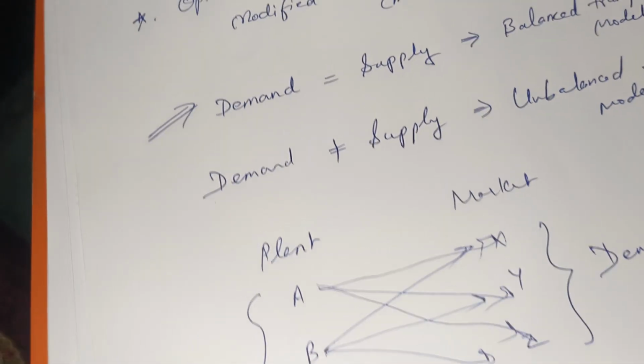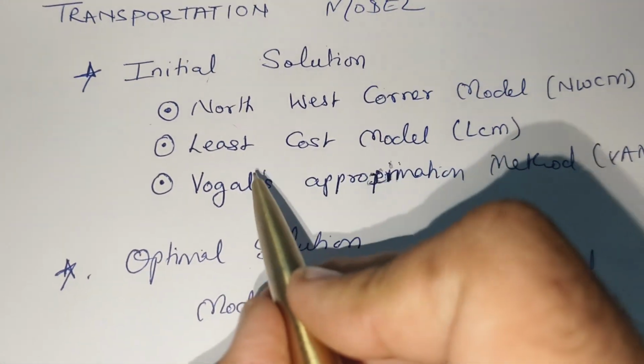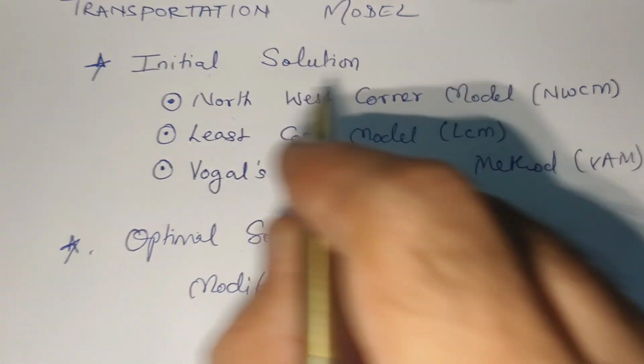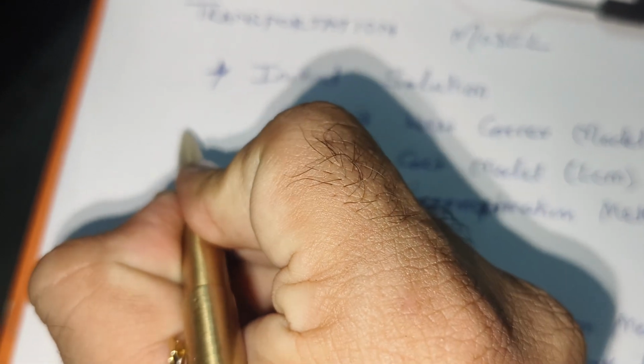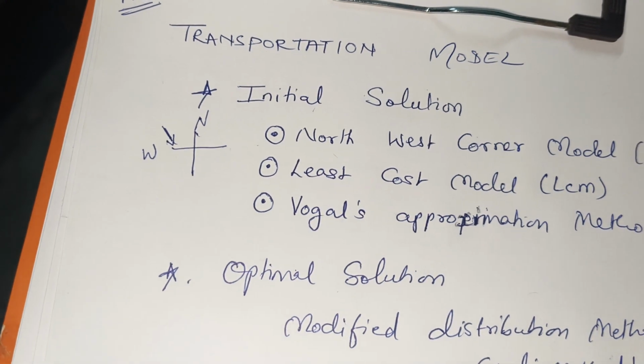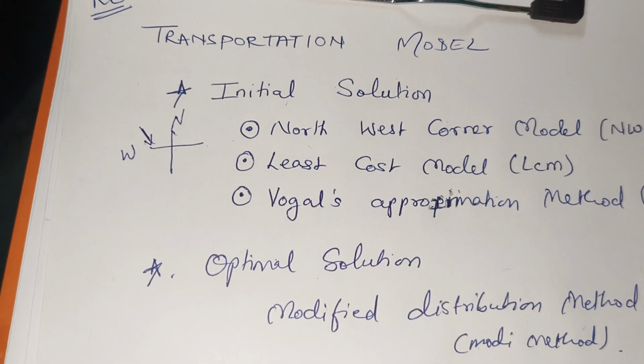Same way we need to understand that the initial solution has three methods. The first method is northwest corner method. In simple terms, when we see our compass, this is our north and this is our west, we start our solution from this corner, and that's why it is known as northwest corner method.